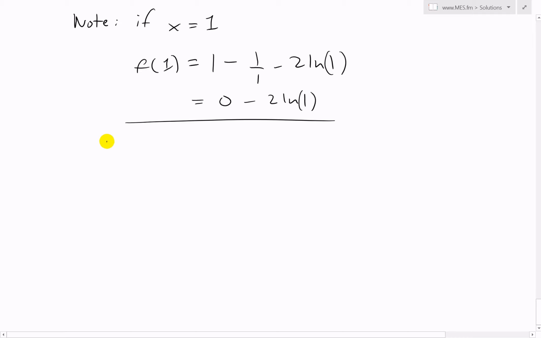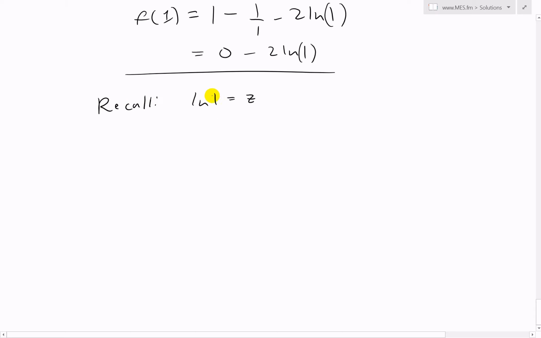And also recall the ln properties. Let's say ln 1 equals z, not y, because we're already using y. ln 1 equals z is the same thing as writing e to the power of z equals 1, taking e to the power of both sides.